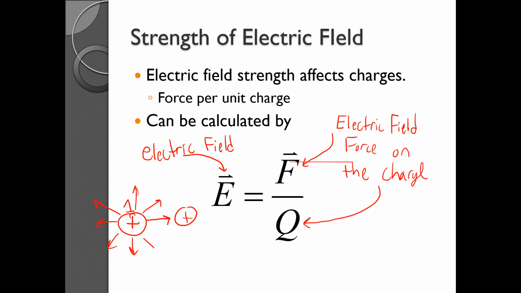And then the strength of that electric field is based on how it affects another charge nearby and how much force it exerts on this other charge. So that's what the electric field is. The electric field is just a measure of how strong the charge affects other charges.